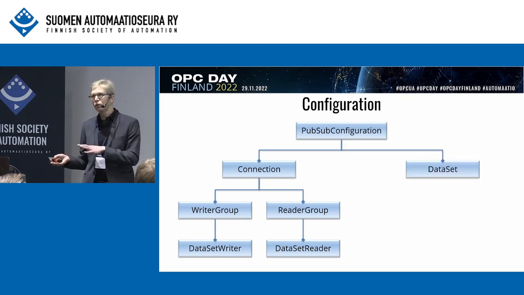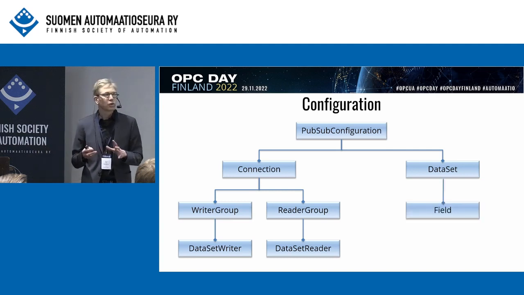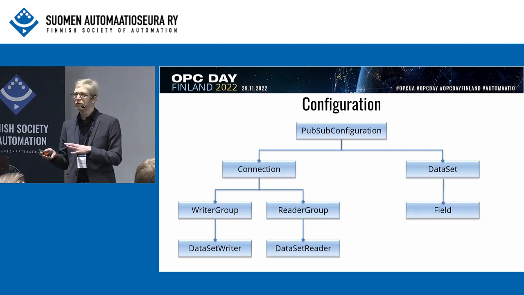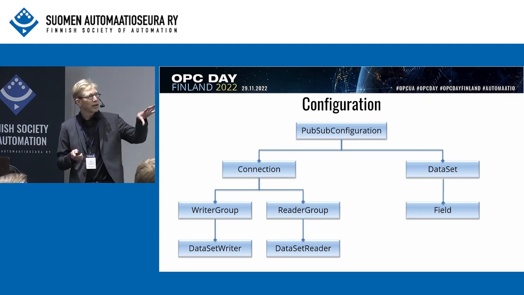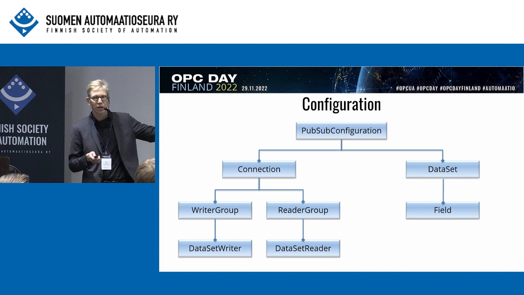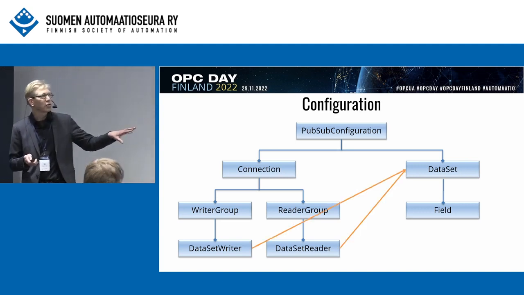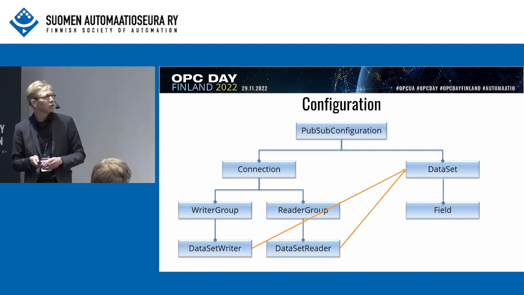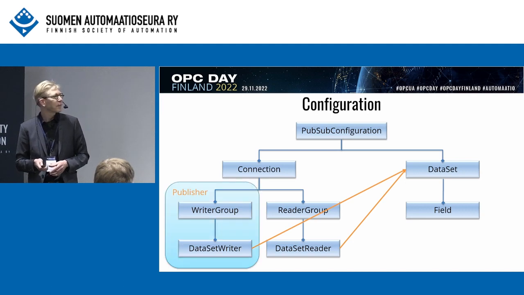On the other side of the configuration, you configure datasets, which consist of a number of fields. And that's really like the data definition, and this is like the connection definition. And the dataset writer is linked to the dataset, and the dataset reader is also linked to the dataset. But you can have different readers and writers writing and reading the same datasets.